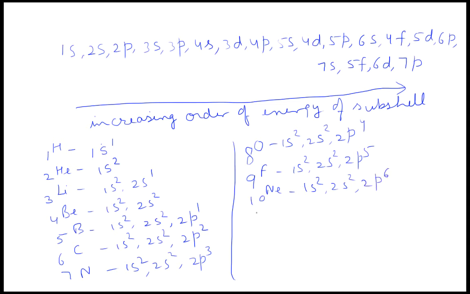Now, the next electron comes in 3s. 11, sodium: 1s2, 2s2, 2p6, 3s1.